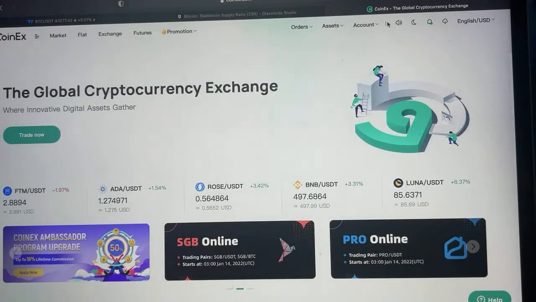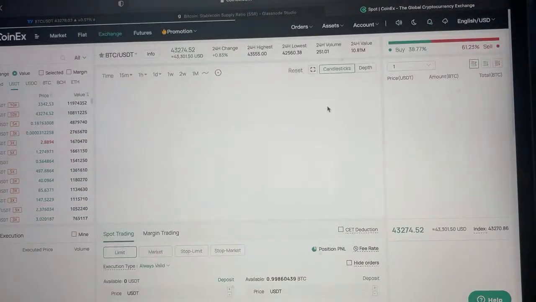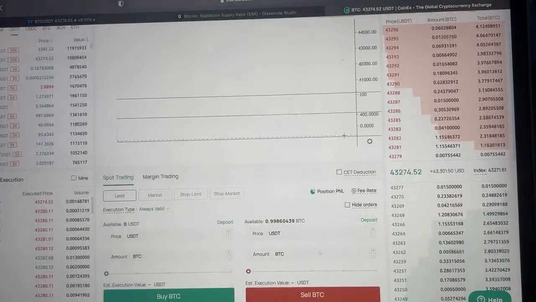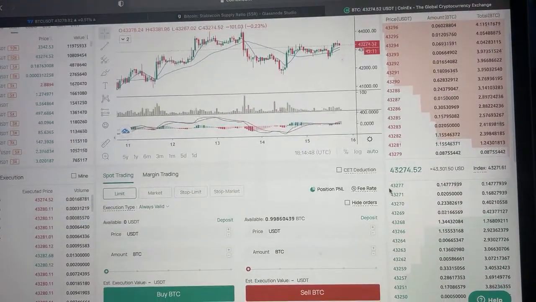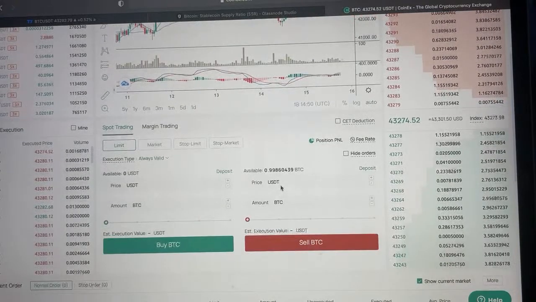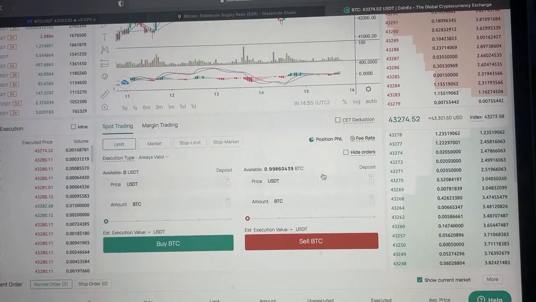So, this is my trading account. And I'm holding 1 Bitcoin here, okay? Available balance 1 Bitcoin.